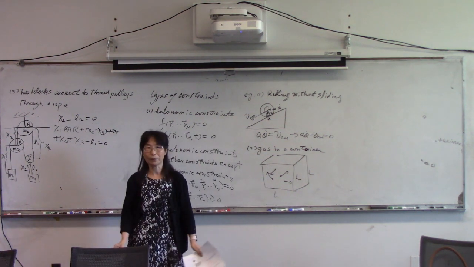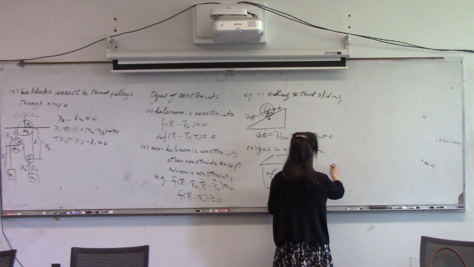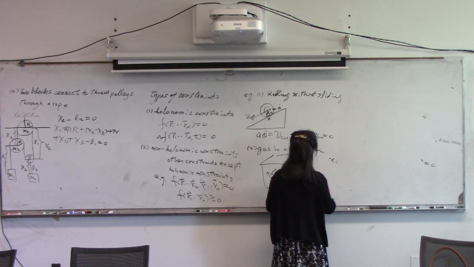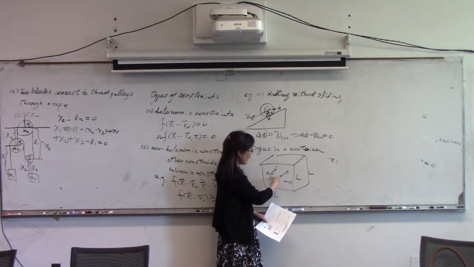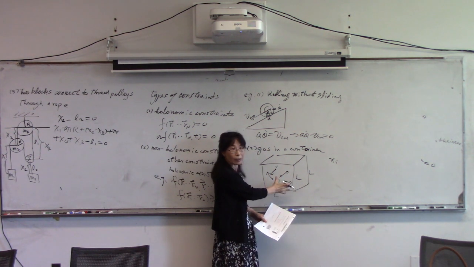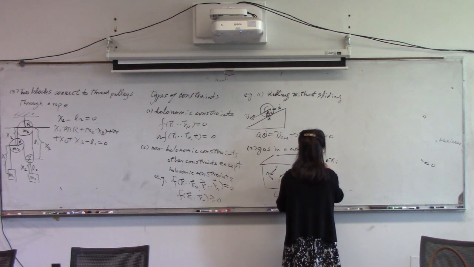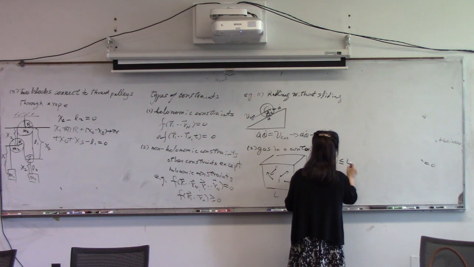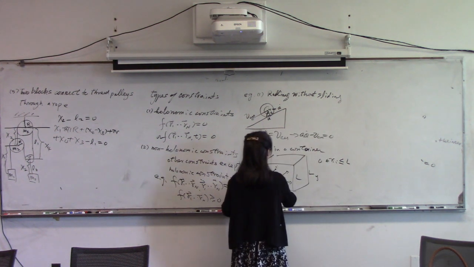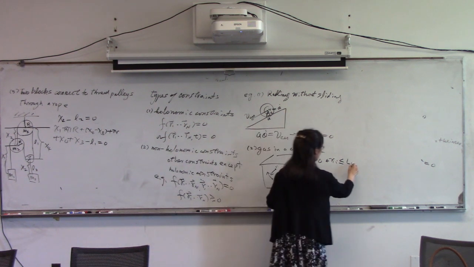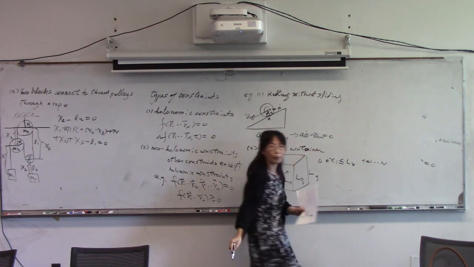Then what is the constraint for the particle? Each particle, we have n particles, its xi cannot get out of this box, right? So it is larger or equal to 0, smaller or equal to L, or Lx if it's not a cube, Ly, Lz, for i from 1 to n particles.